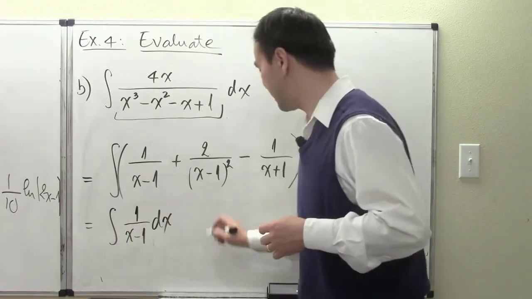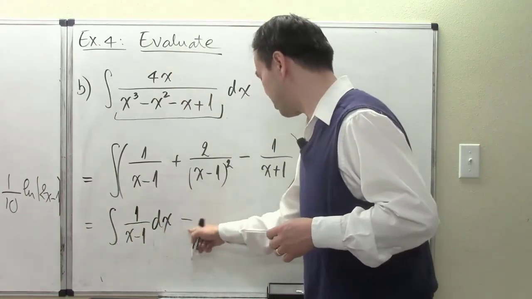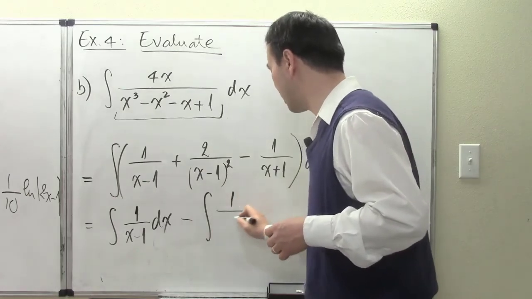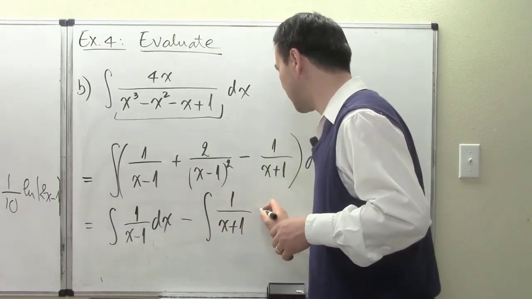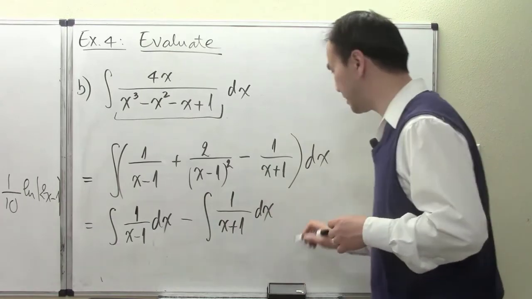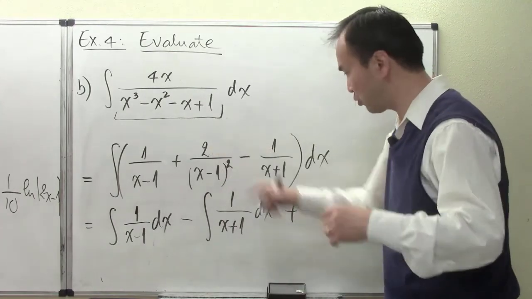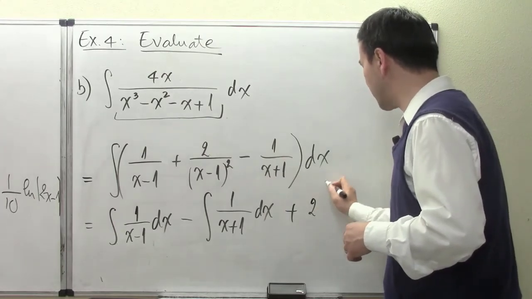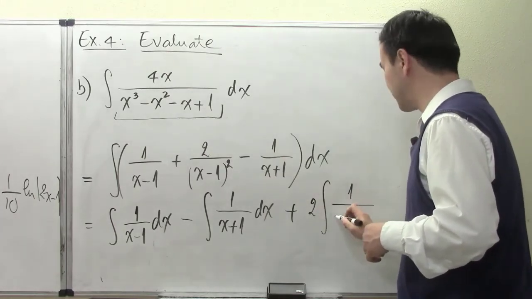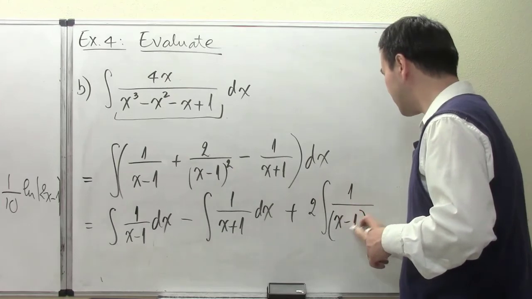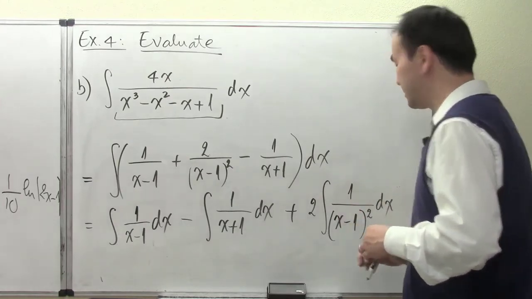There's a subtraction, one separate integral for 1 over x plus 1. These are all the easy ones. And then plus 2, the coefficient, times the integral of 1 over x minus 1 squared dx.